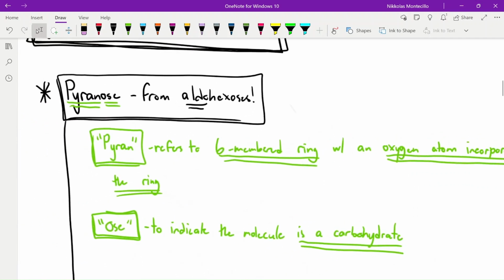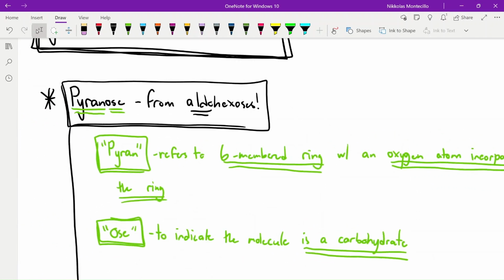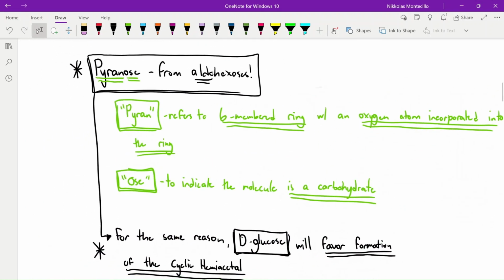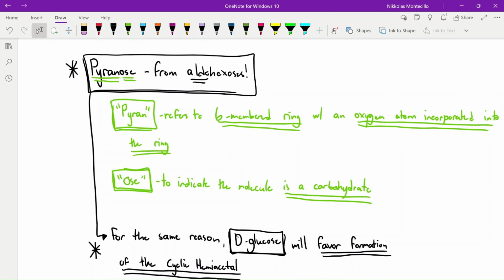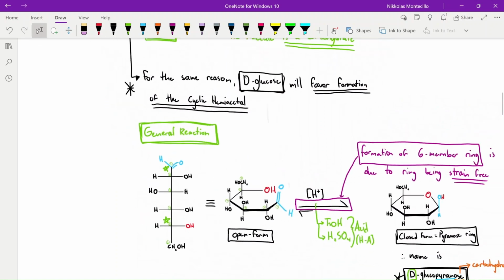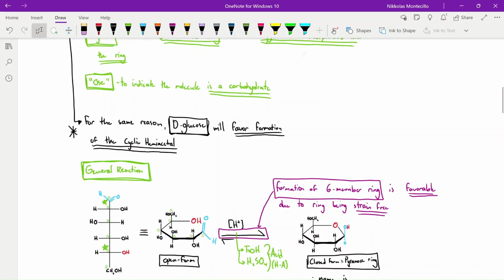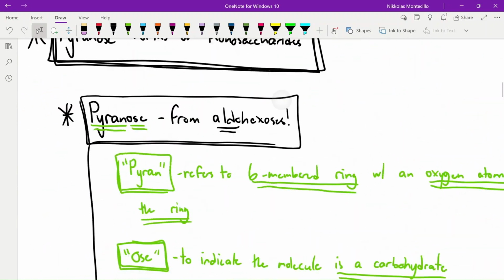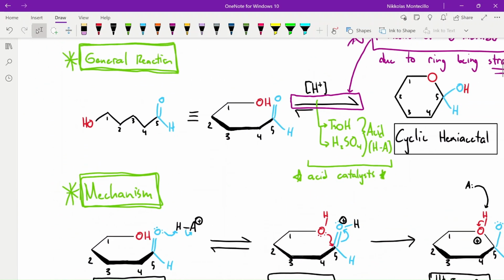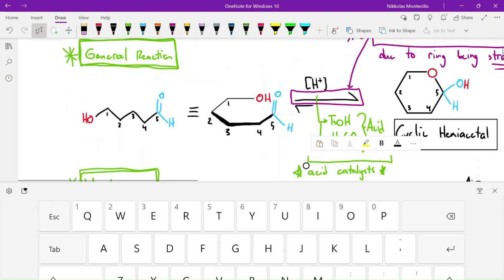And we can see that ose just indicates that the molecule is a carbohydrate. And so for the same reason, D-glucose being an aldohexose will favor formation of the cyclic hemiacetal. So we can see here that a similar reaction occurs because in the first reaction we simply had one hydroxyl group reacting with an aldehyde part of the same molecule.